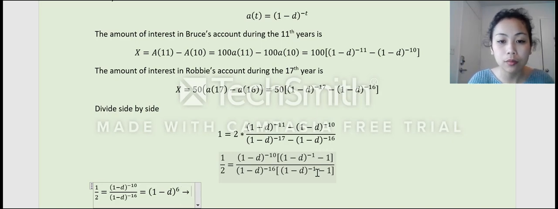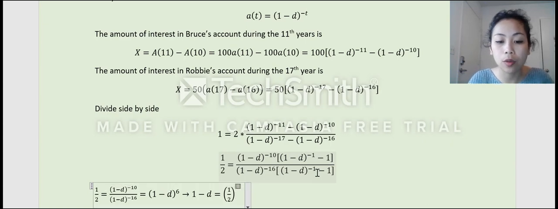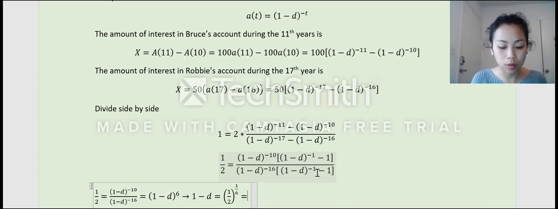So 1 minus d equals (1/2) to the power of 1 over 6, and that's equal to 0.890809.